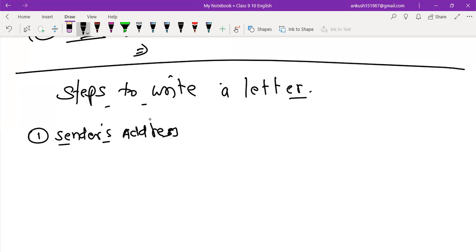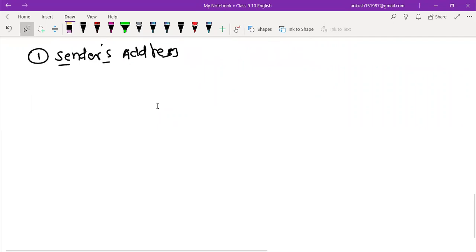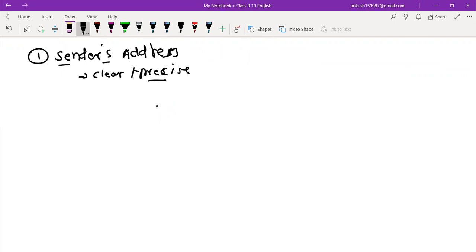Make sure that in a letter, there is no need of a skeleton, right? It should be very clear and precise, very small and clear, in easy words.